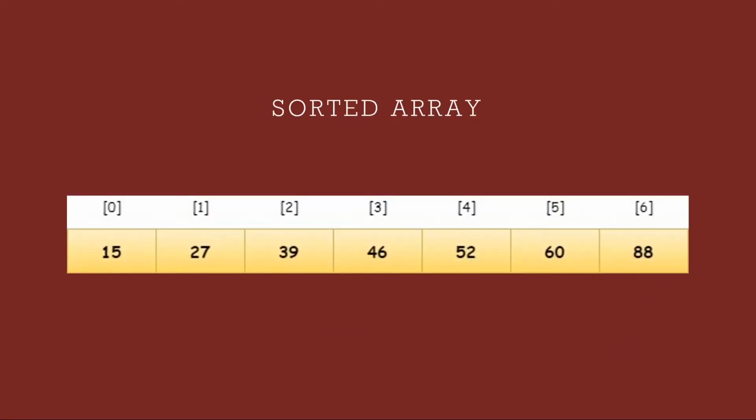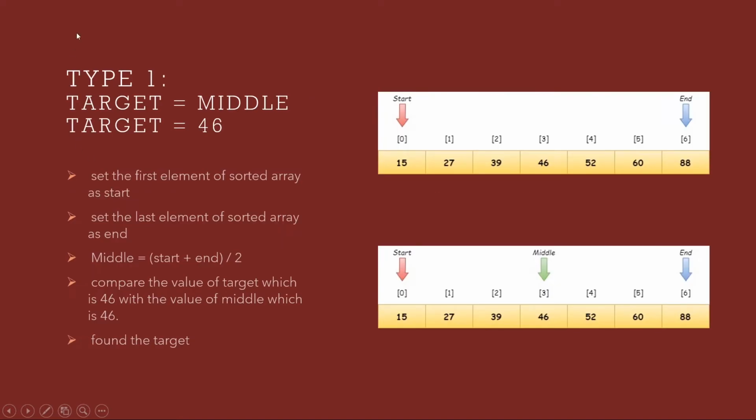It is because there are some differences for these three types of example. Before we start to do binary search, we need to ensure the array is sorted. I will use this sorted array to explain the steps. First, I will explain type 1, which is target equal to middle. Now, the target that we need to find is 46.